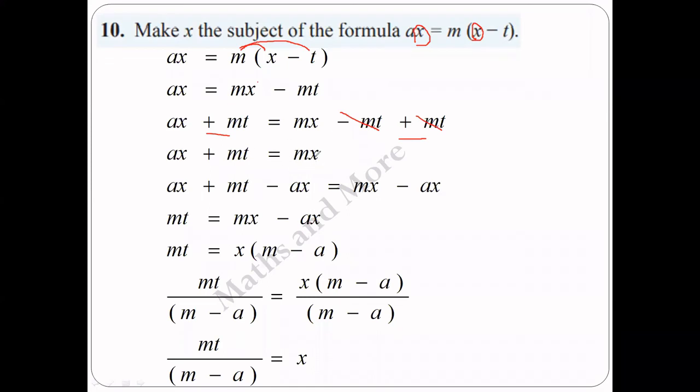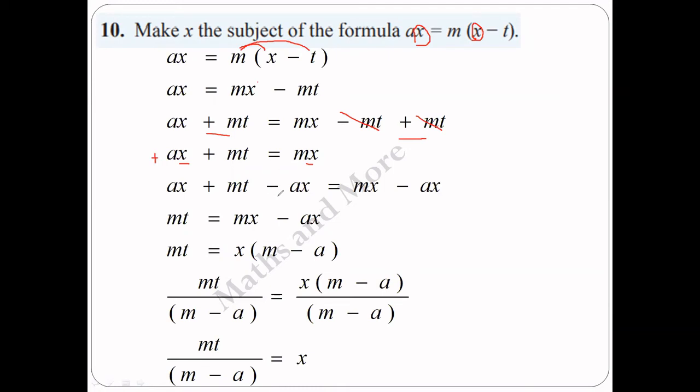Okay. Now you want to keep only x. There are x terms here and here. So you want to take those x terms to one side. Therefore, I will subtract this x from both sides. Then we can get this x to this side. Here plus x is there.